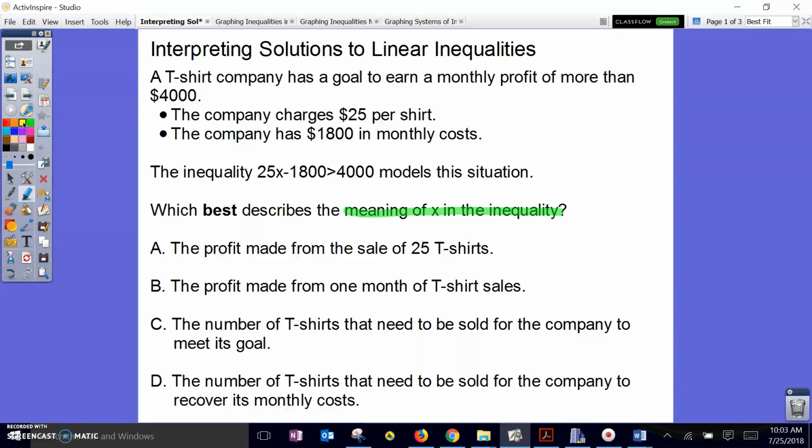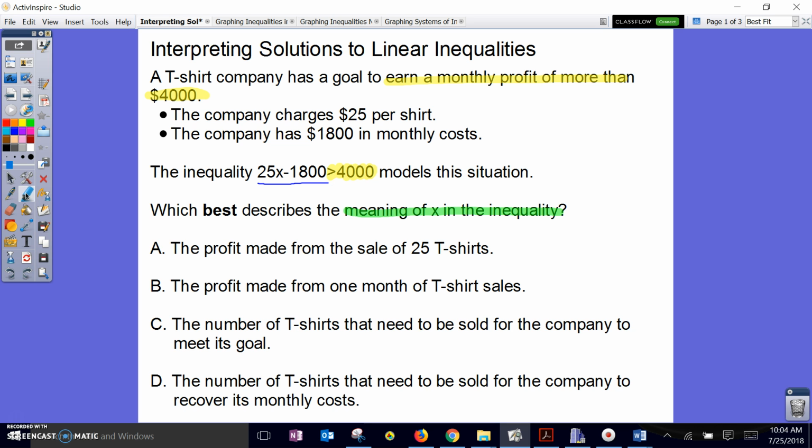Okay, so looking at the model that we have here, the first sentence says we want to earn a monthly profit of more than $4,000. And that's what you see here. So that means that this expression right here, the 25x minus 1800, is going to end up being the company's monthly profit.